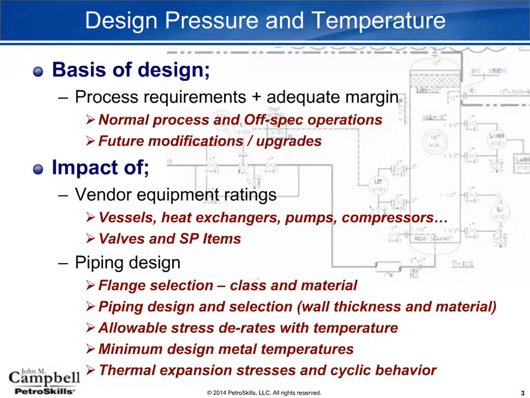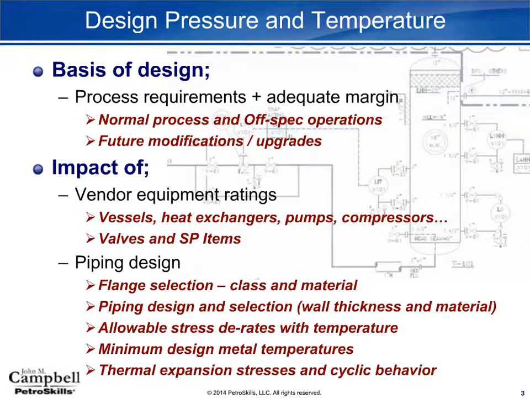Having some cognizance of minimum design metal temperature is also a feature. As the design temperature falls, we need to be cognizant that materials have limited minimum design metal temperatures. We're often thinking about what happens on the high side, what's the maximum temperature, but we need to realize that there are perhaps ambient conditions or maybe process conditions which are going to drive minimum design metal temperatures.